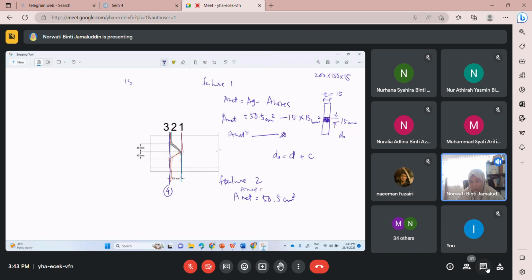A net is still equal to AG minus any area due to holes.